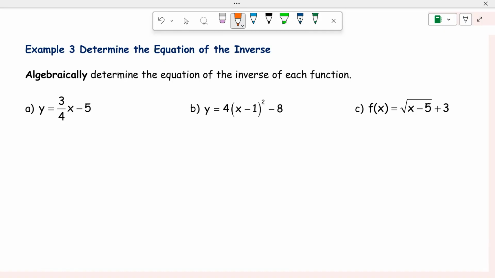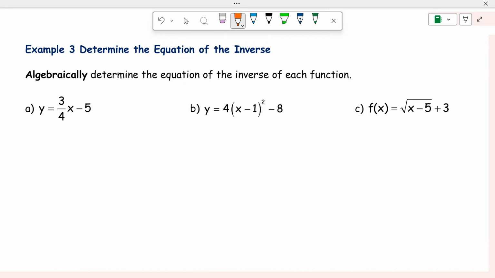So each function. I'm going to do A and B with you guys right away. So with this one, y equals 3 over 4x minus 5. So technically, algebraically, y should become what? What happened above? Y became x, and x became y. It still happens here.